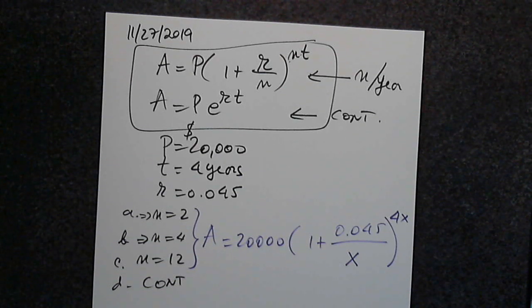So in y equals, at the top, put in 20,000, open a parenthesis, 1 plus 0.045, divide by x. X is right here next to alpha. Close the parenthesis, put the caret, which is power, and in parentheses, 4x.